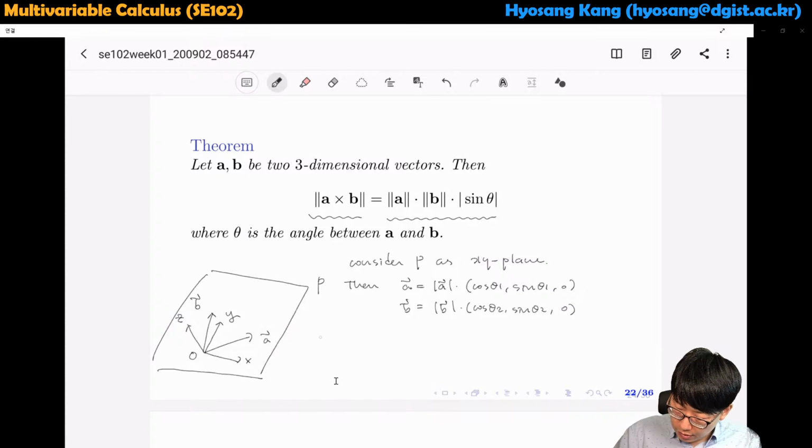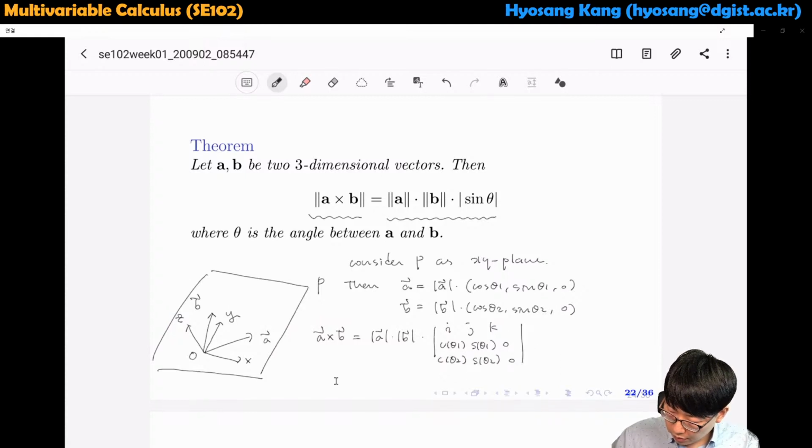And then let's take the A, B cross product. We have a scalar multiple, norm A, norm B, coming out from the properties of the cross product of vectors, and then we use the definition of the cross product: i, j, k, cosine theta 1, sine theta 1, and 0, and cosine theta 2, sine theta 2, 0.